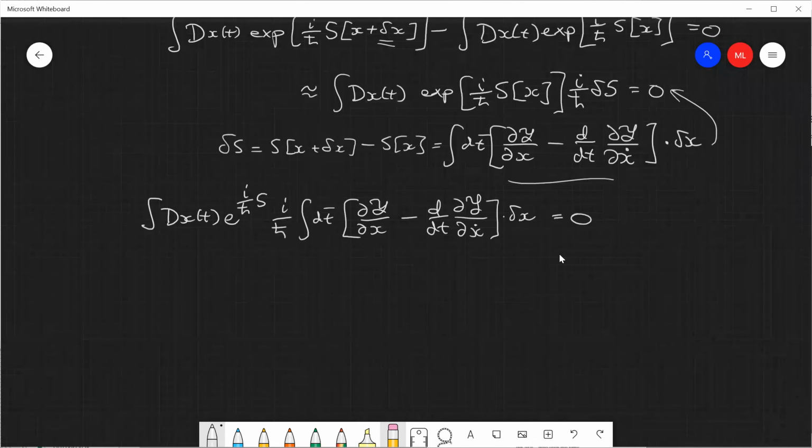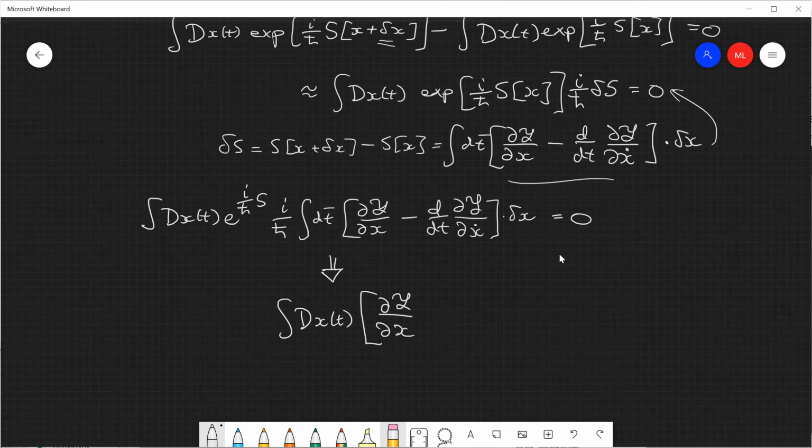And of course, this is all equal to 0, so we can drop the i over h bar, and we conclude that the integral over all paths that the particle can take of the Euler-Lagrange equation. Remember, this is a thing that you would set equal to 0 to get the equations of motion for a classical particle.